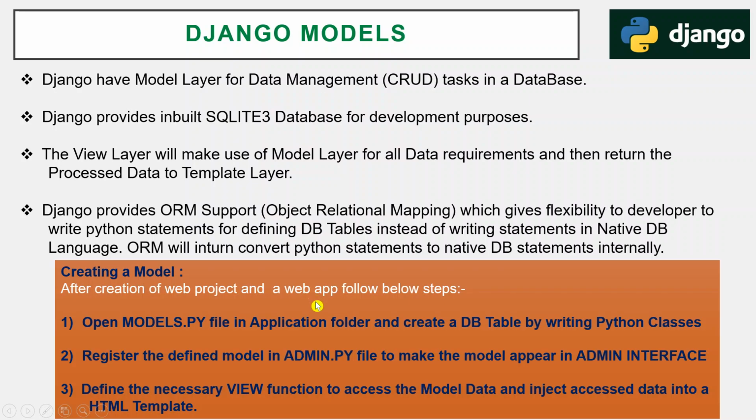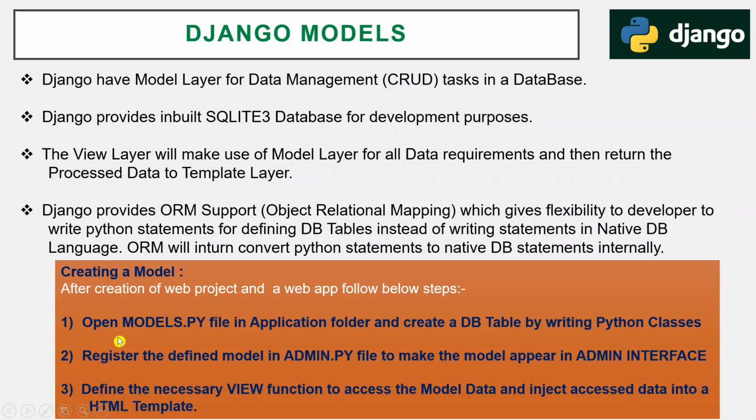Like in the last classes we saw that files like models.py, views.py, apps.py and tests.py will be created automatically for you, right? So in those files, let us concentrate on what we should do.